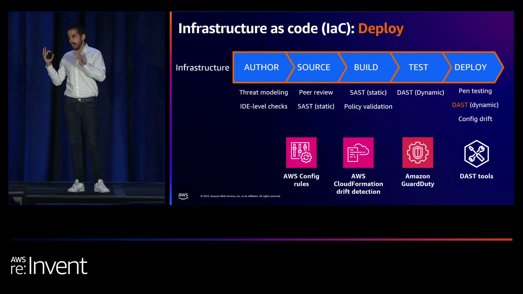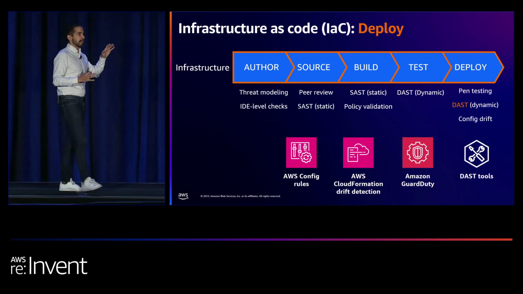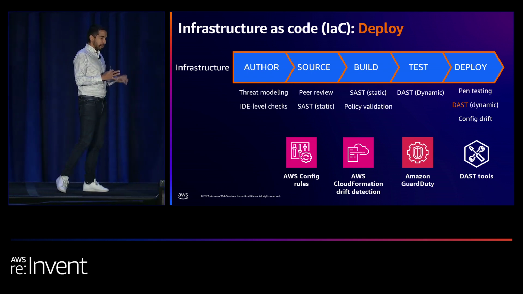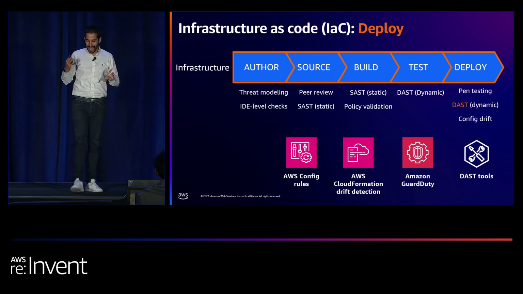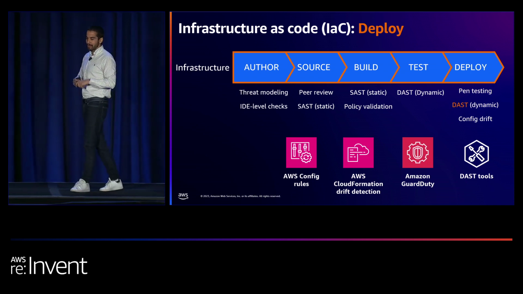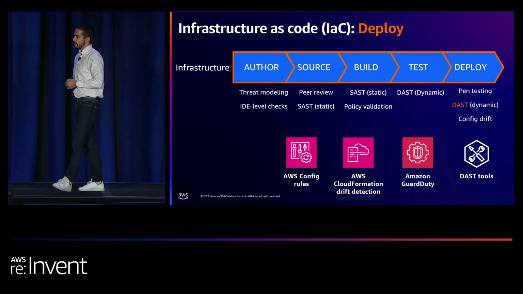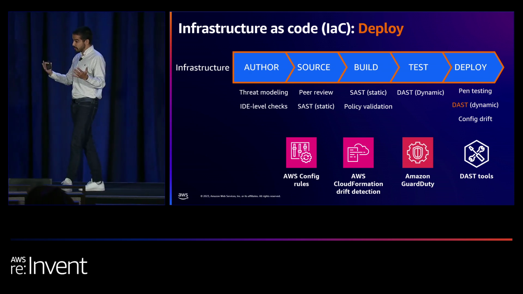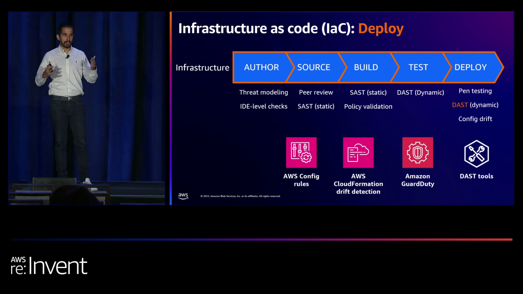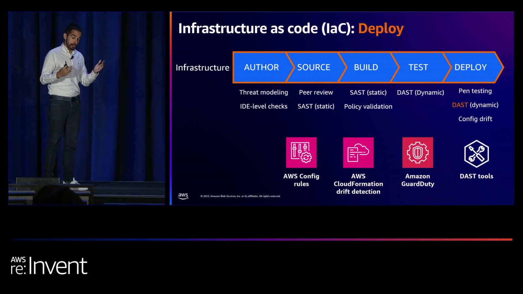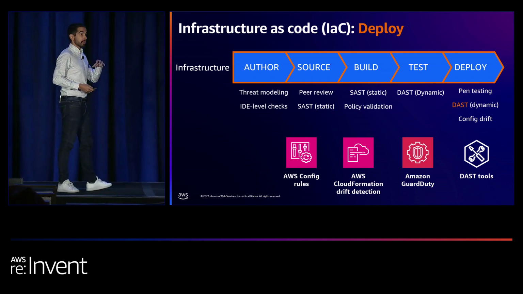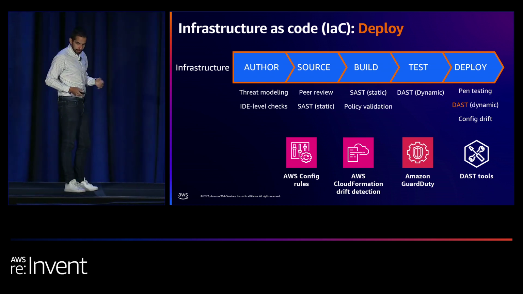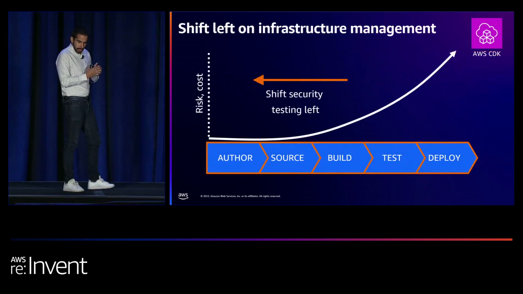And one last thing that I have to mention, because we're talking about infrastructure that's been deployed, is Amazon GuardDuty, which is our service for continuous monitoring and threat detection that uses machine learning to alert you on any security issues. So very useful for the infrastructure side of things as well. And so there you go.